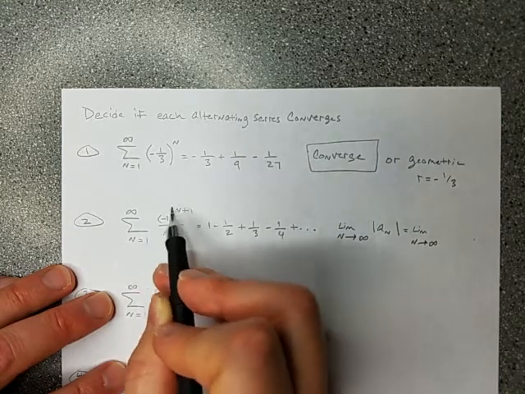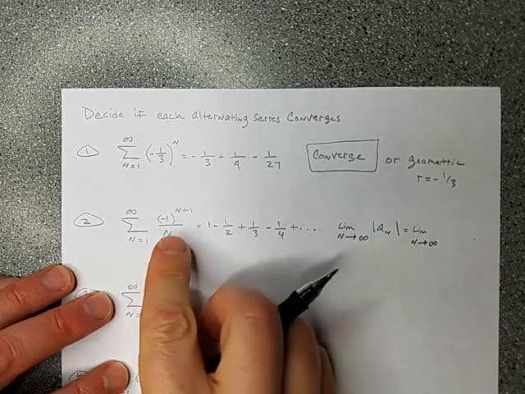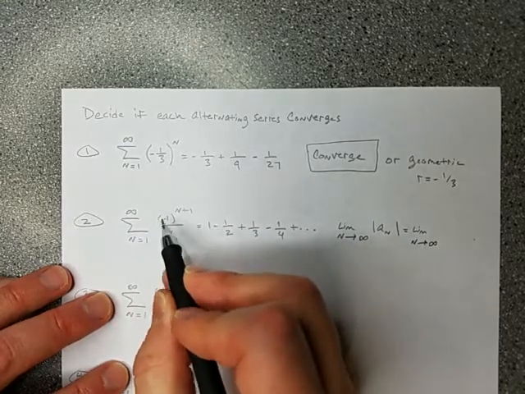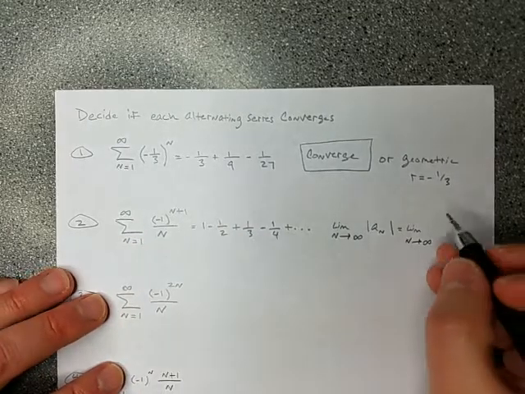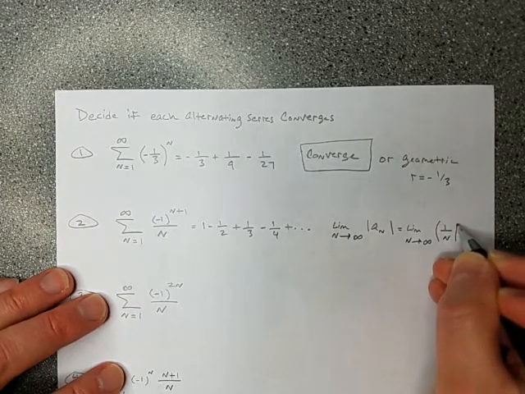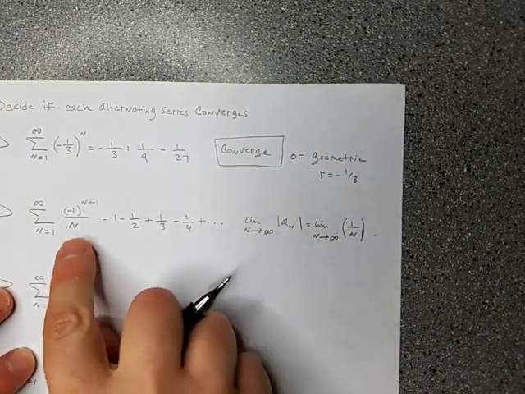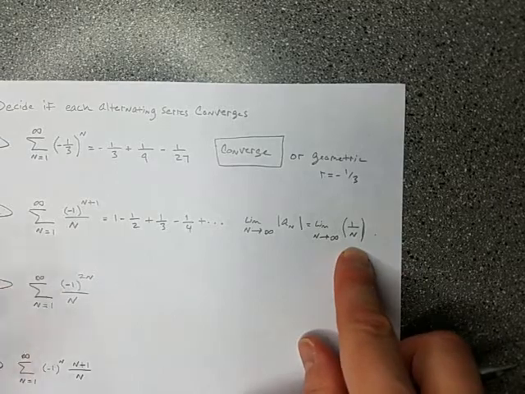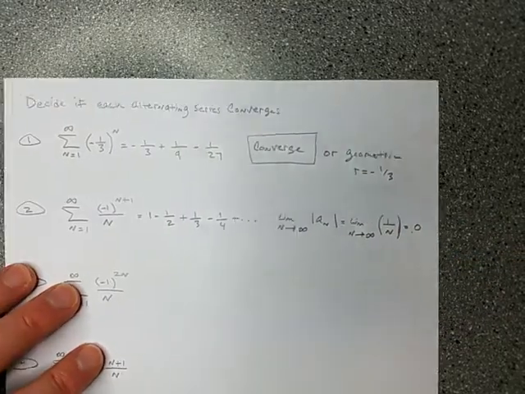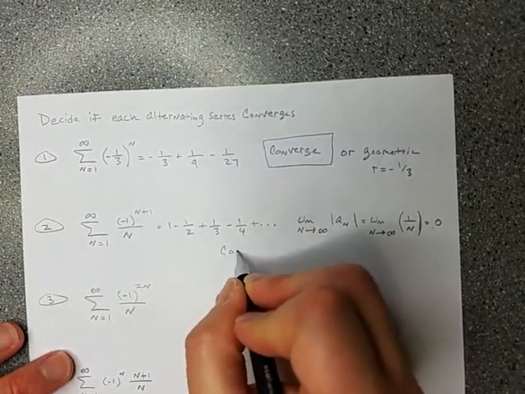That's the thing there that is either going to be a 1 or a negative 1. So if you wanted to take the absolute value of this, it would just be a matter of dropping that negative 1 to the n plus 1 power. So our limit right here, the absolute value of that is just 1 over n, okay? And then that limit is easily seen to be 0. Okay, yeah, so the terms are going to 0. It also converges, okay?